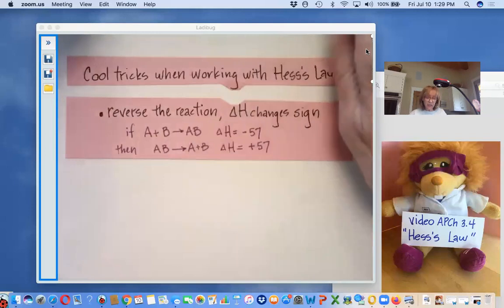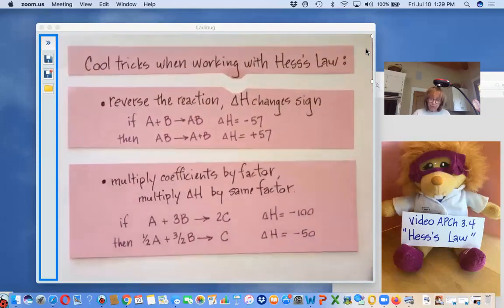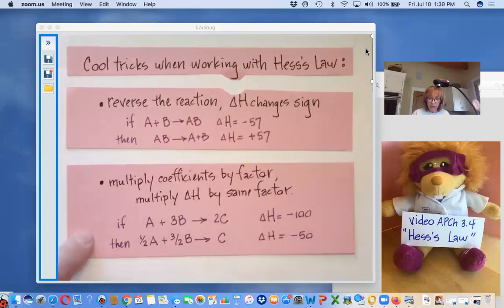Okay, and then here's a second trick. If you have an equation, you know its delta H, and then you decide to change the equation by multiplying everybody through by some factor, then you're going to use that same factor and multiply the delta H. Here's what I mean. Let's suppose you have A plus 3B yields 2C, and in that equation, we have an enthalpy change of negative 100.